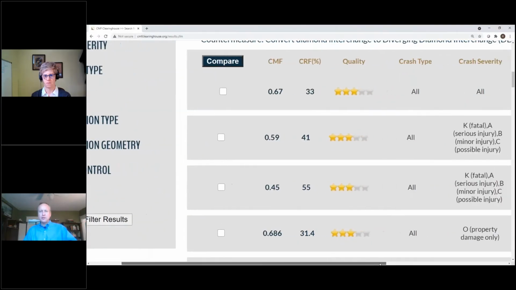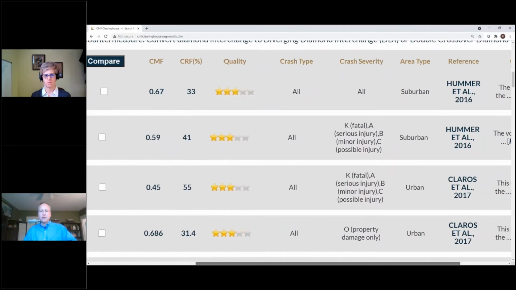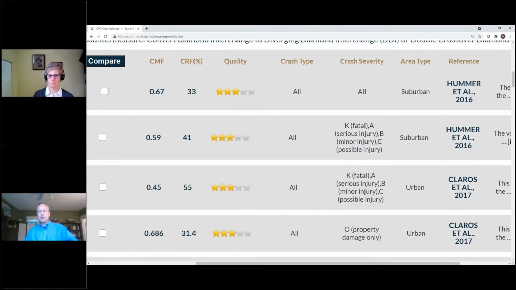So this particular CMF here, 0.59, 3 stars, is applied to these crash severities: K, A, B, C. The area type is suburban, and it's all crash types. This one down here, 0.68, is for property damage only.